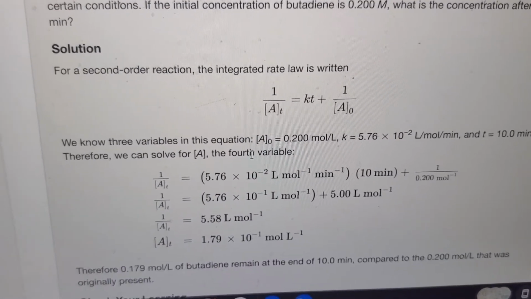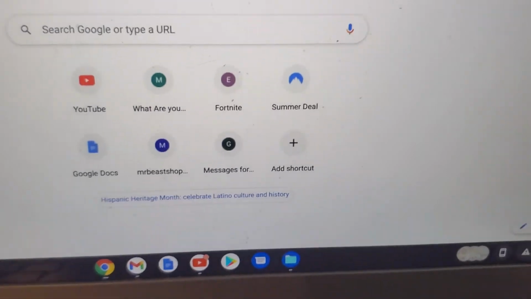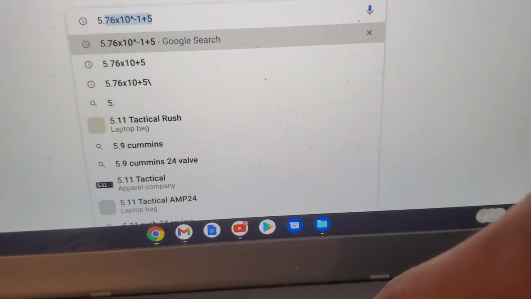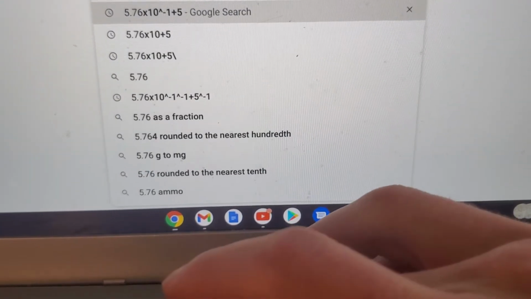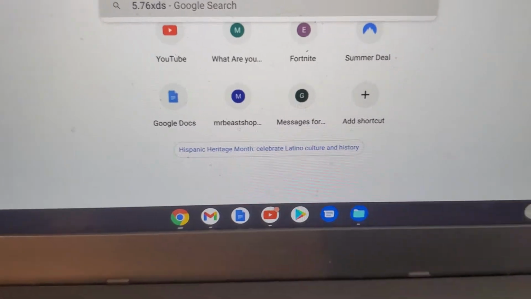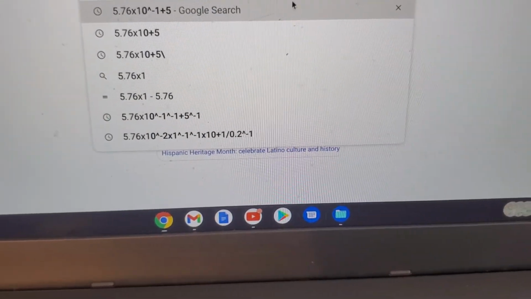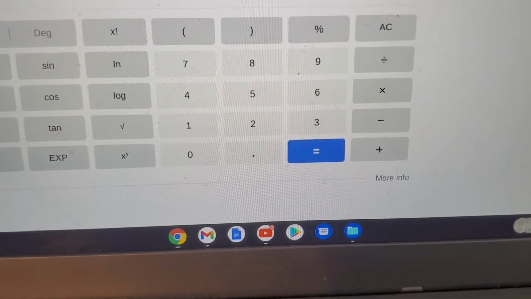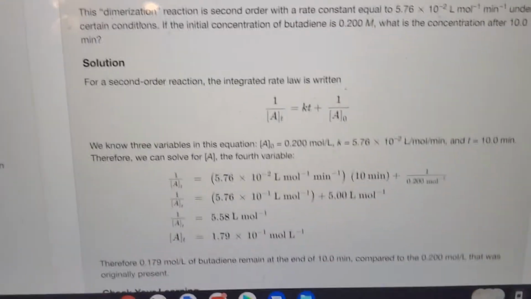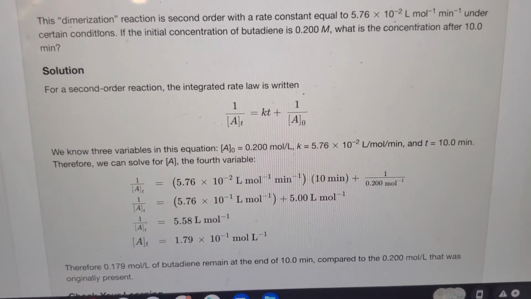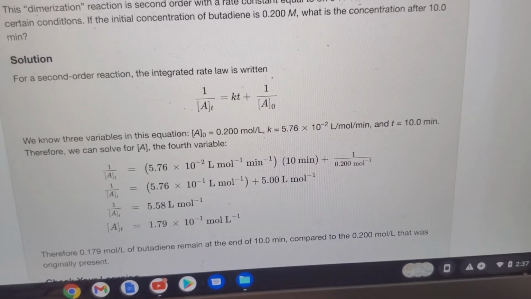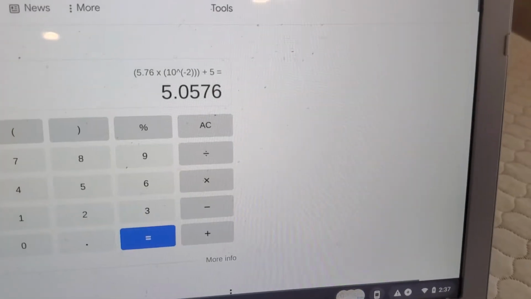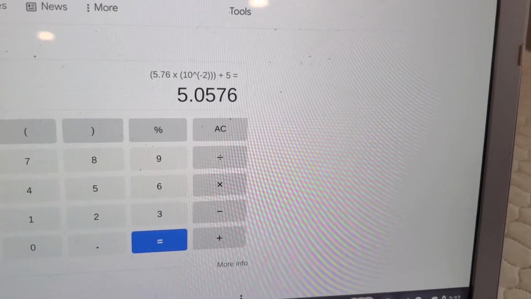Because all you have to do is 5.76. Let me do it. 5.76 times 10 to the first power plus 5, as shown, guys, as shown right here. 5.76 times 10 to the negative second power plus 5.